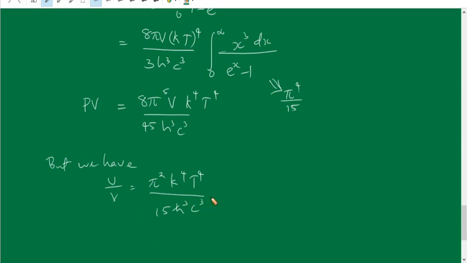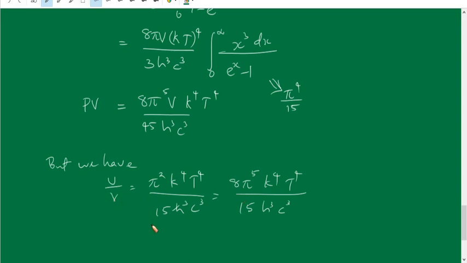We derived it already. When you replace ħ with h divided by 2π, it will be 8π⁵k⁴T⁴ divided by 15h³c³. So this is U by V.